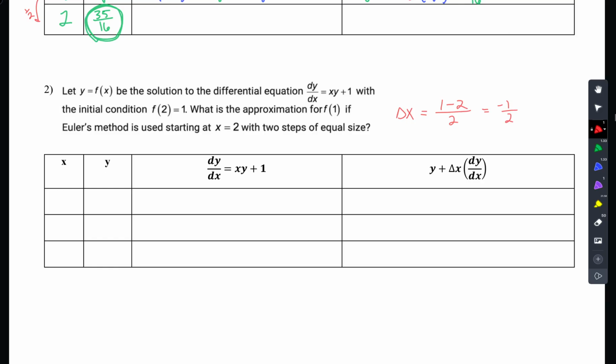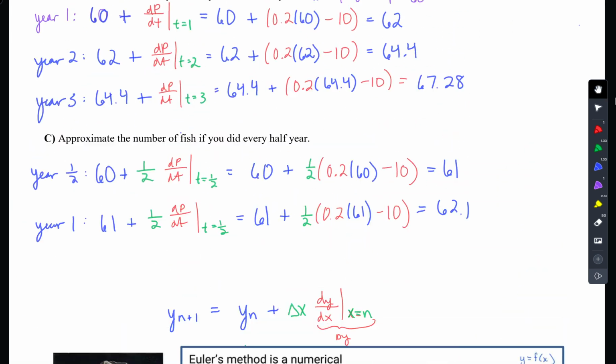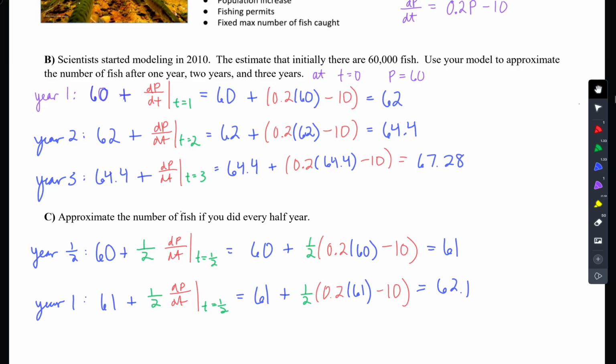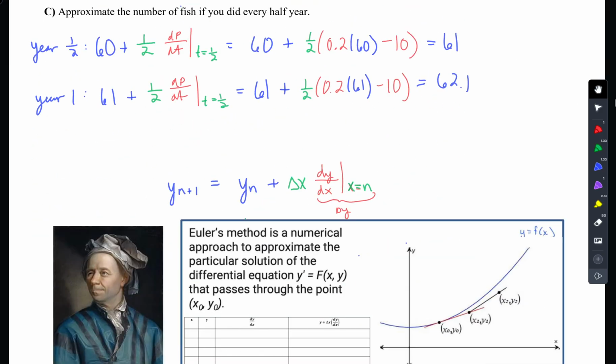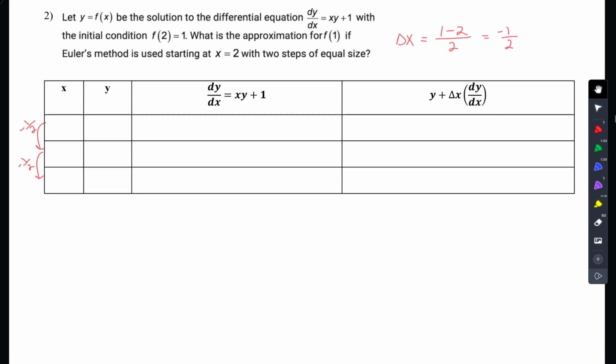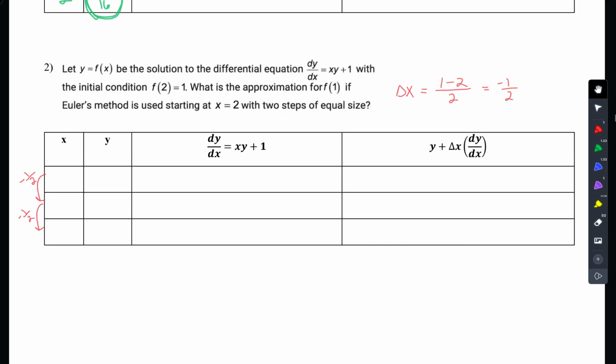So when you're doing these, your change in x is going to be a negative half. When you're looking at this fish thing, it's like what was the population before it was 60,000. So that's why you want to subtract it. Okay, now we can go.